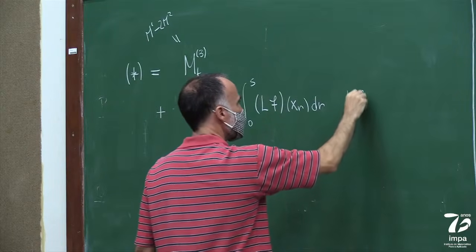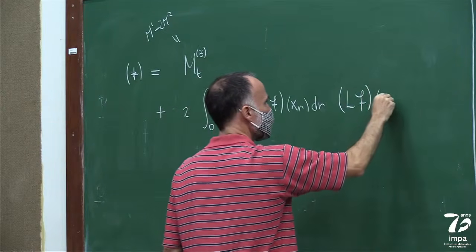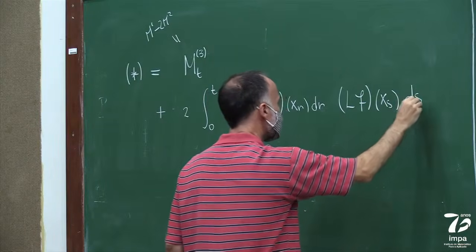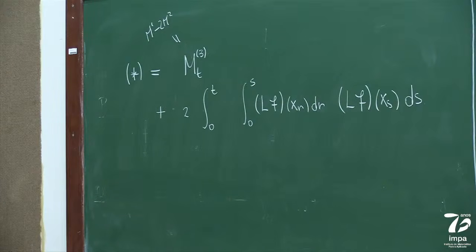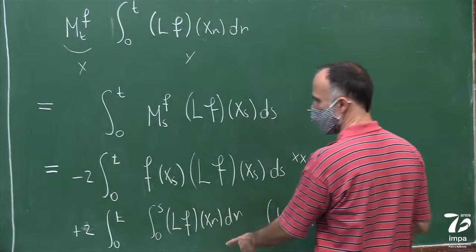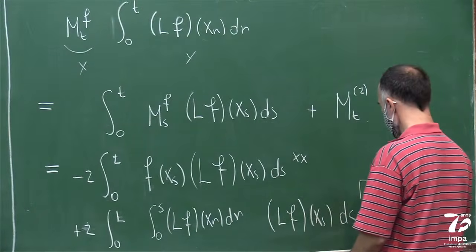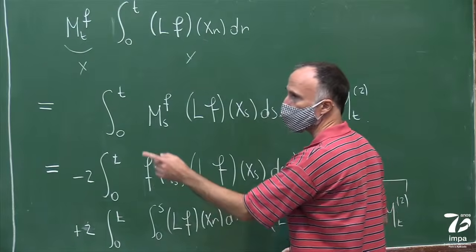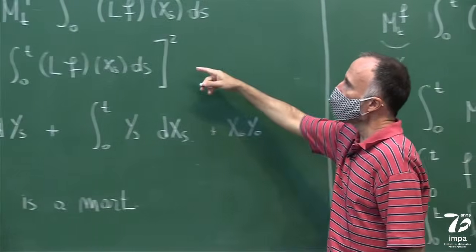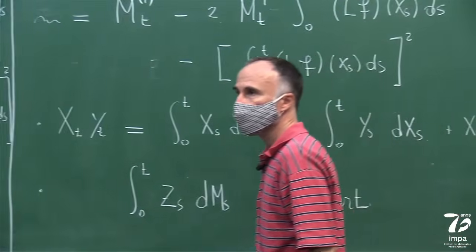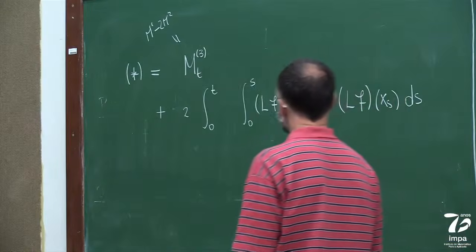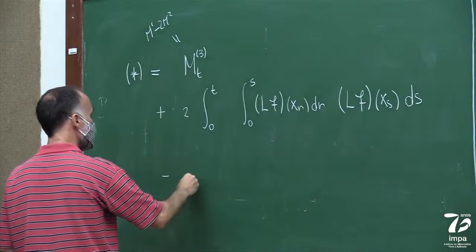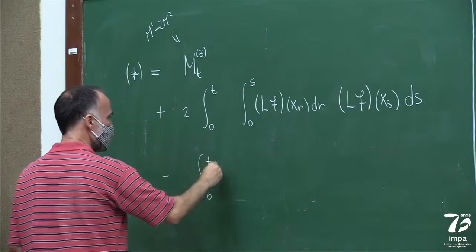Okay, so this is the term which we obtained. So when computing that, we obtained these three terms. One cancelled, this one is a martingale, and this one I just wrote. And I have this term. Okay. So minus, and this term appears with minus, t.